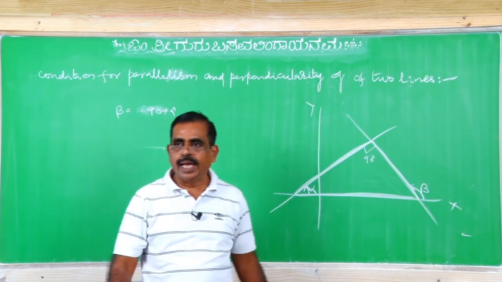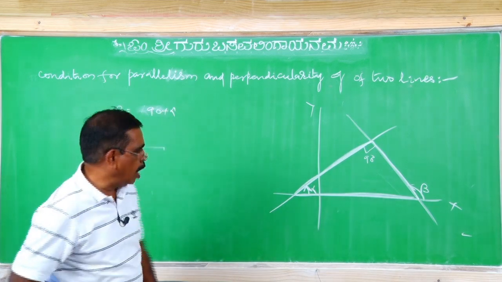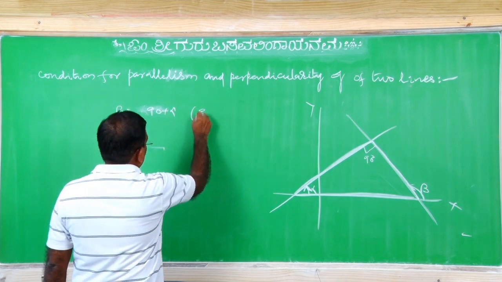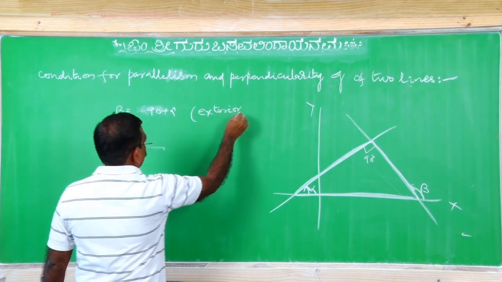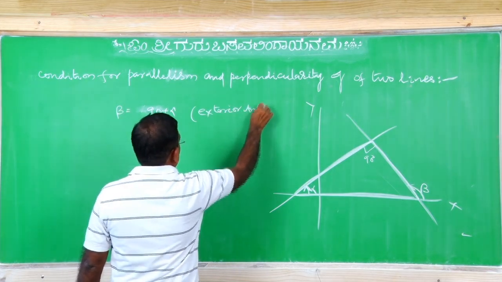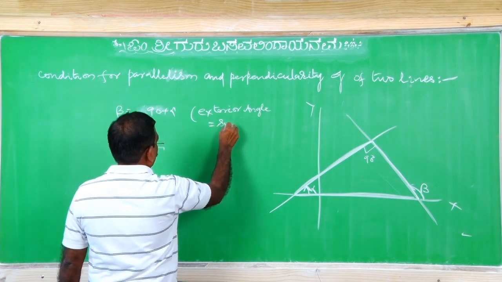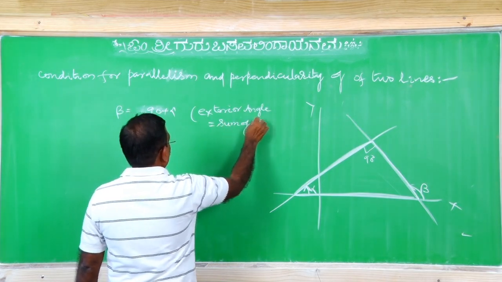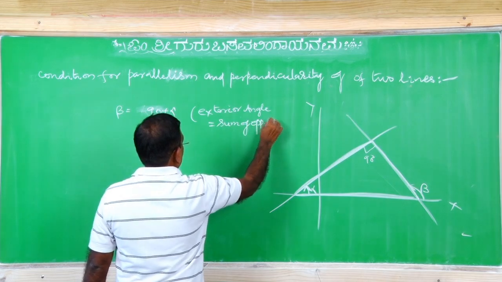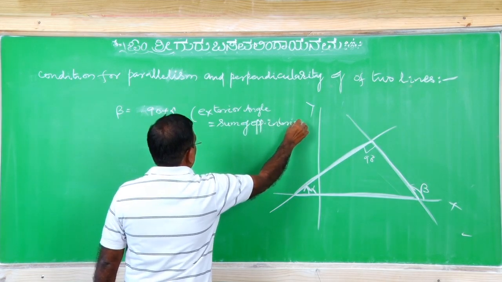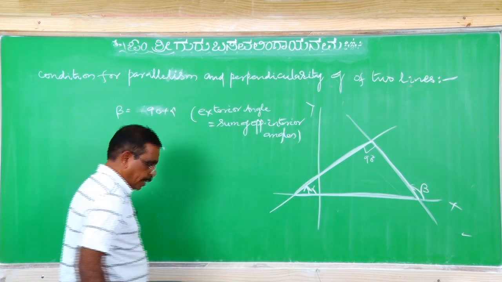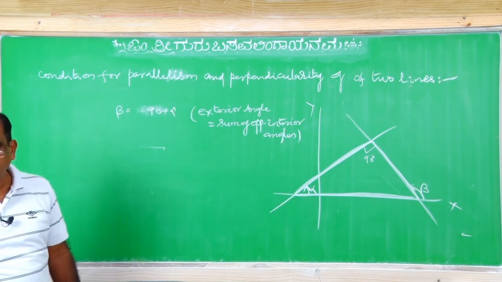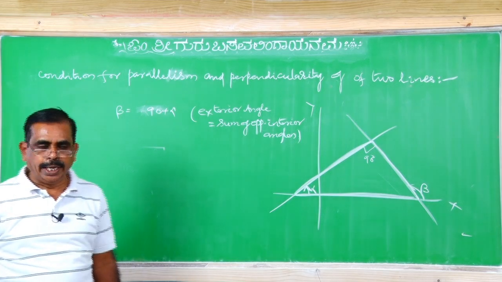Write down, exterior angle is equal to the sum of opposite interior angles.